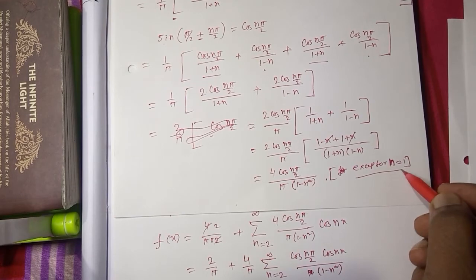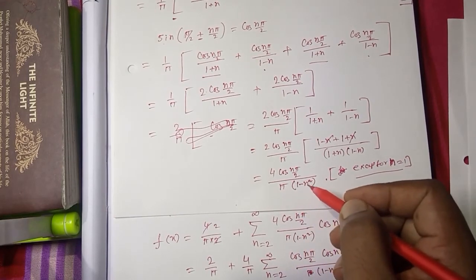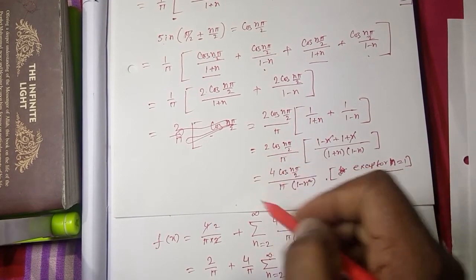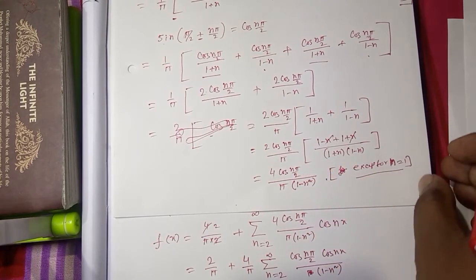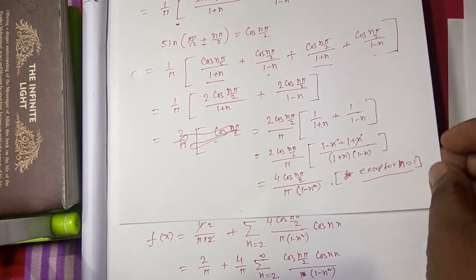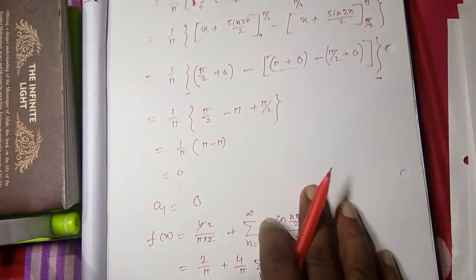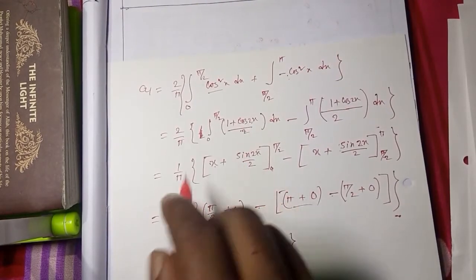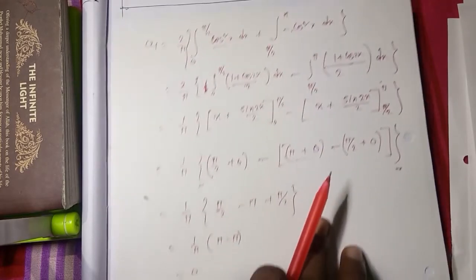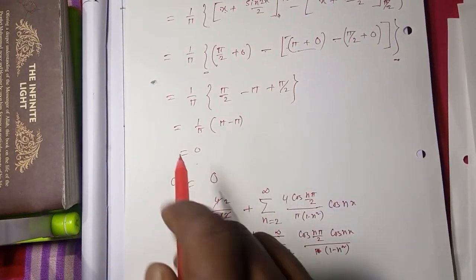For n not equal to 1 this holds, but for n equal to 1 this term gives infinity, and a Fourier series gives a finite series expansion. So for n equal to 1 we compute a1 separately, and this a1 is equal to 0.